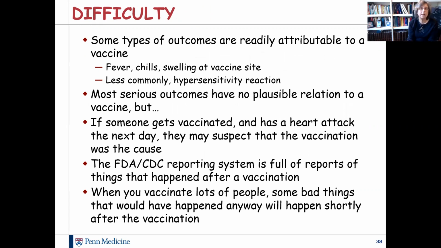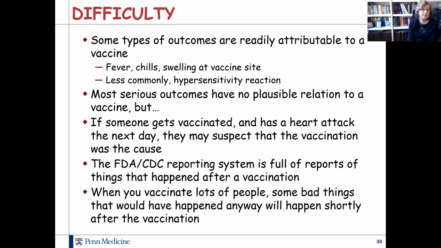Fever, chills, swelling at the vaccine site. Nobody worries that those are coincidental events. Also, somewhat more serious hypersensitivity reactions can happen. Most serious outcomes have no plausible relation to a vaccine, but if someone gets vaccinated and then has a heart attack the next day, they may well suspect that the vaccination was the cause.